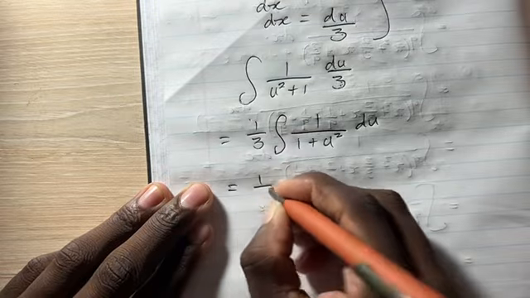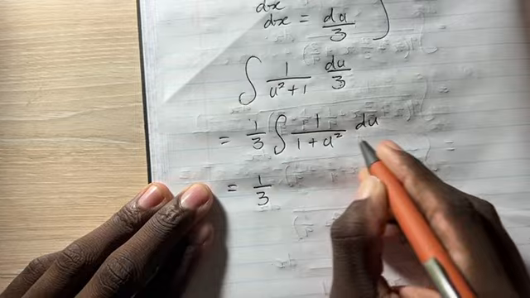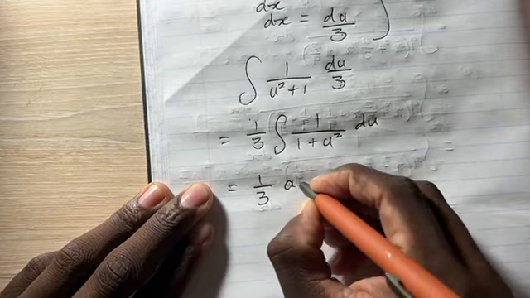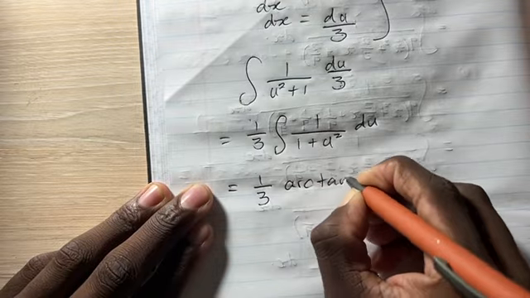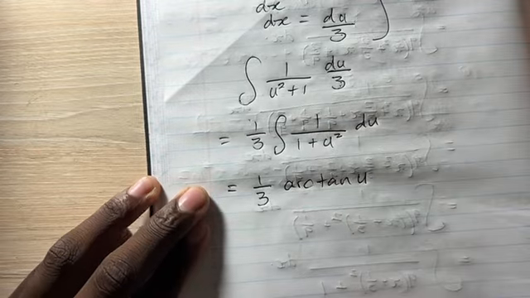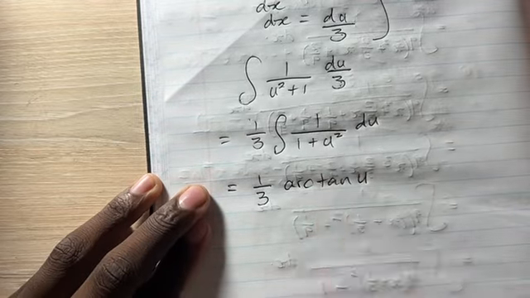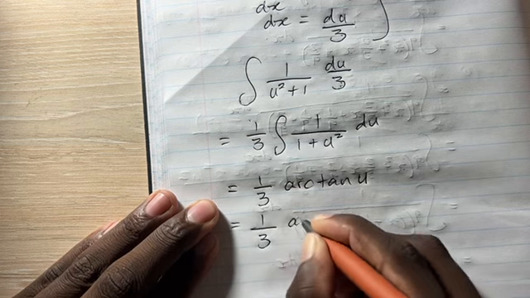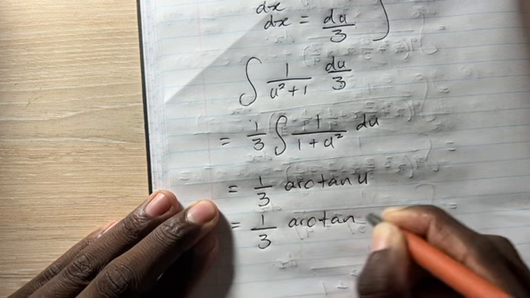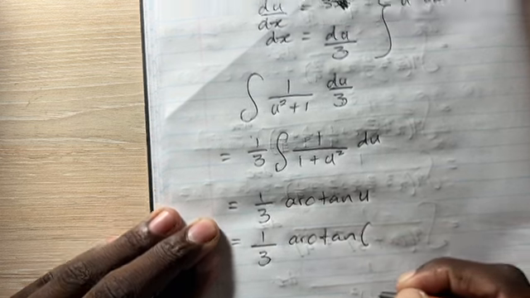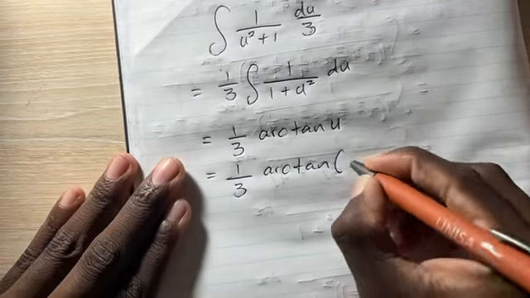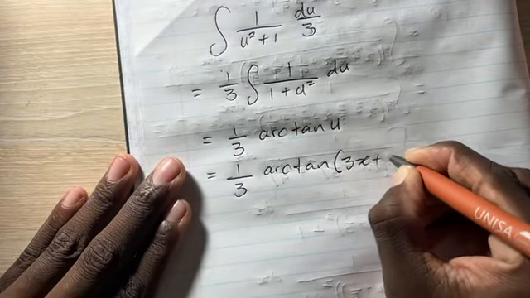Right, now you have 1 over 3 times the integral of this. This is exactly the identity for arctan, but we're going to say u, since our variable is u. 1 over 3 arctan. What is u? u is 3x plus 1, so we bring back the 3x plus 1.